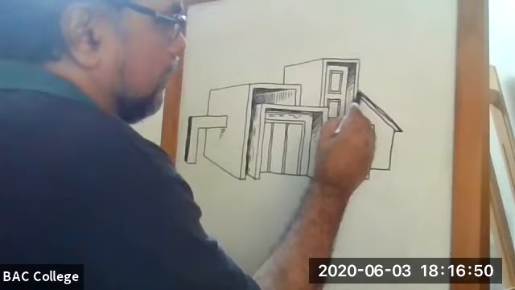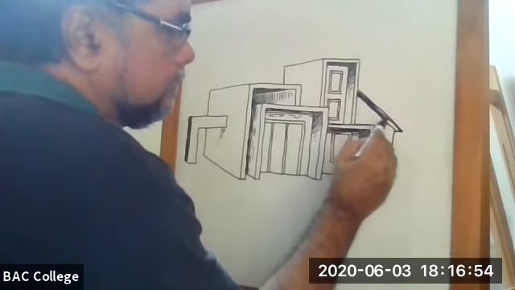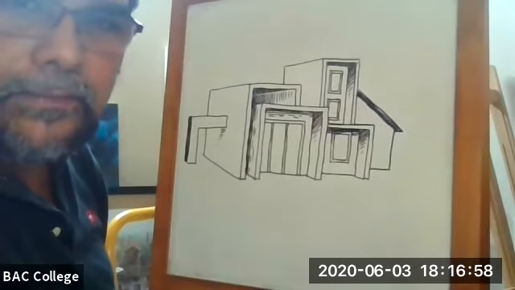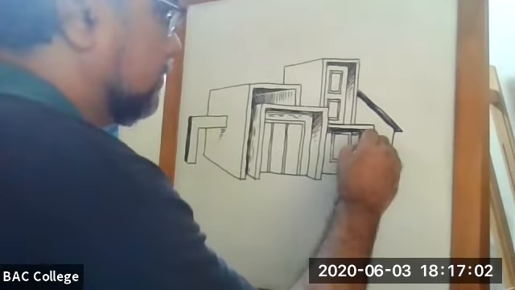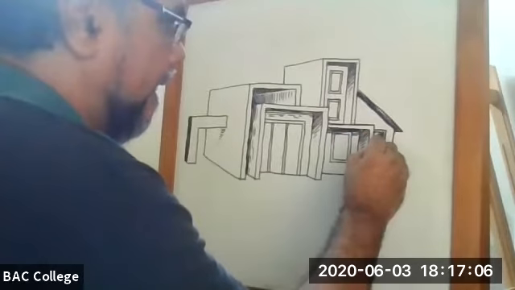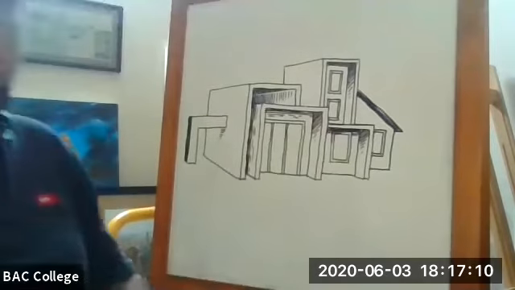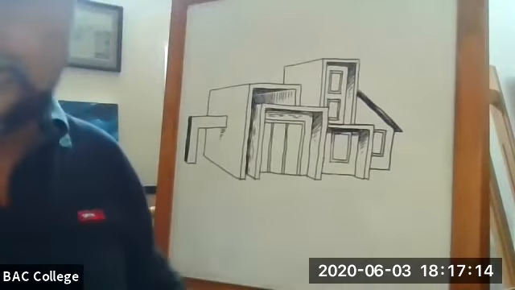Okay, and then you color in. Okay, a little bit like that. And then you can draw your window. Like that. Okay, so you got almost like a complete house.